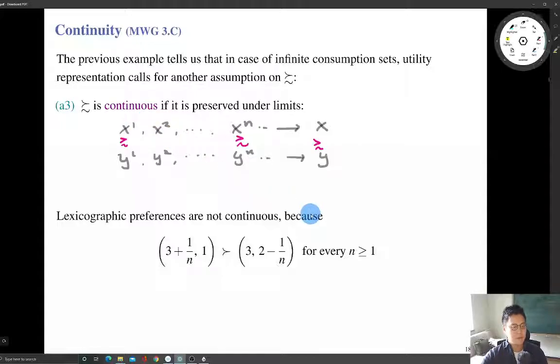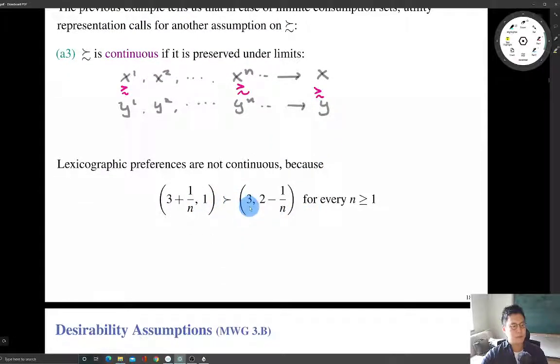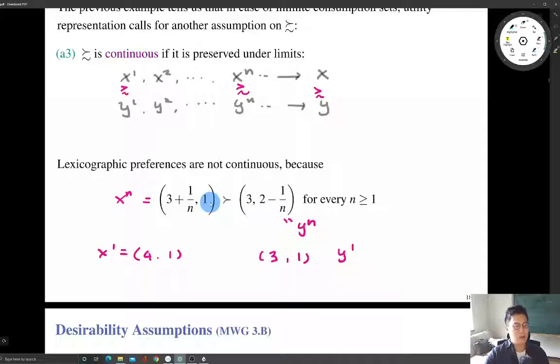Because now if we think about these two bundles, we have to make a sequence of bundles. This is x super n, this is y super n. So x super 1, putting in 1 for n, is 4 comma 1, and y super 1 is 3 comma 1. Because bundle x super 1 has more of the first commodity than bundle y super 1, x super 1 is strictly better than y super 1.